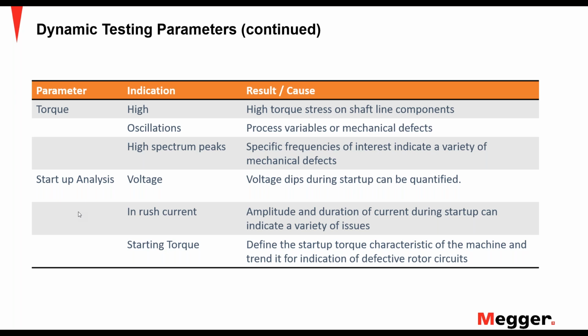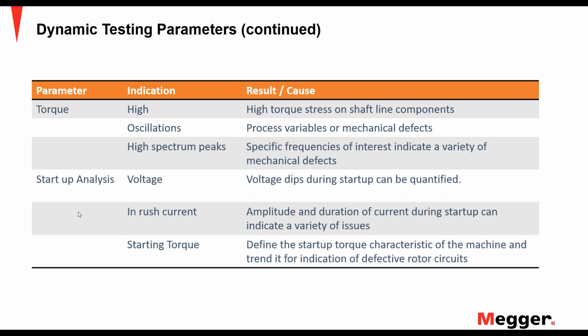So here, if we have high spectrum peaks in the torque spectrum that correspond to the frequency at which your bearings, ball pass frequency, or the inner and outer race, the ball spin frequency, if we have a peak that comes up, that's an indication of a mechanical issue with that particular motor.